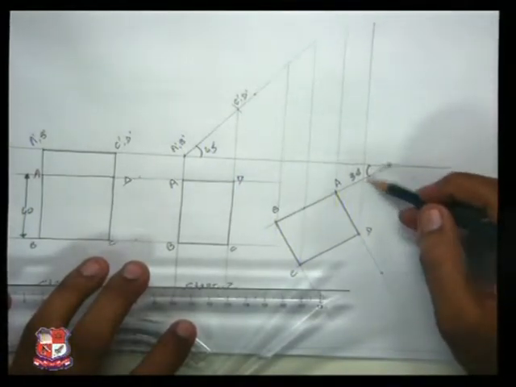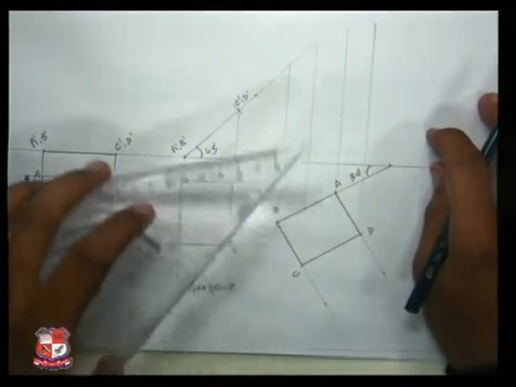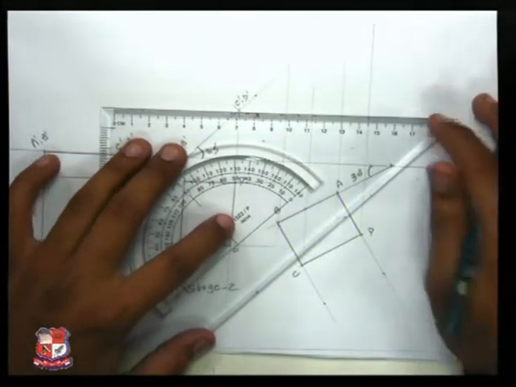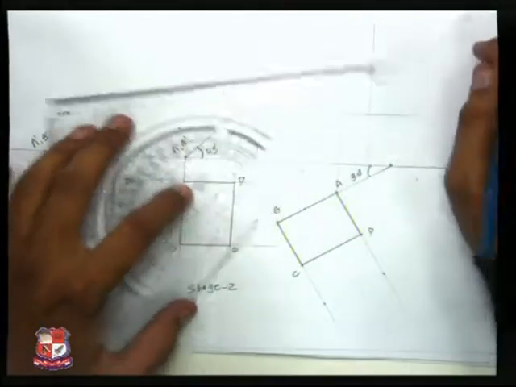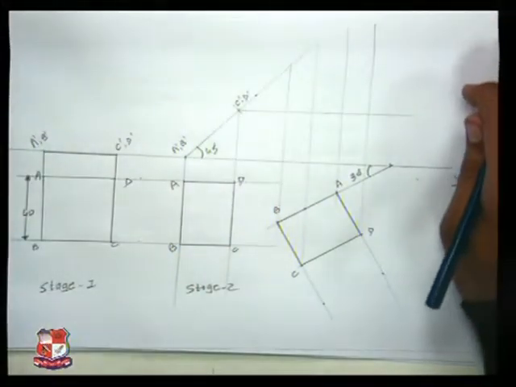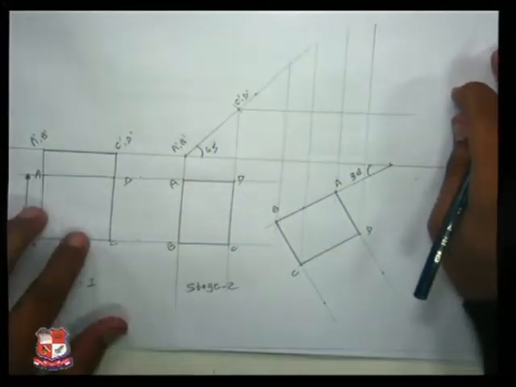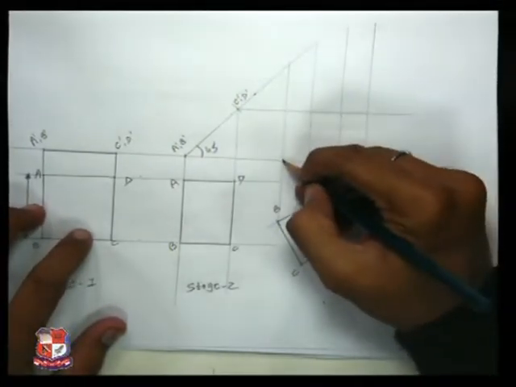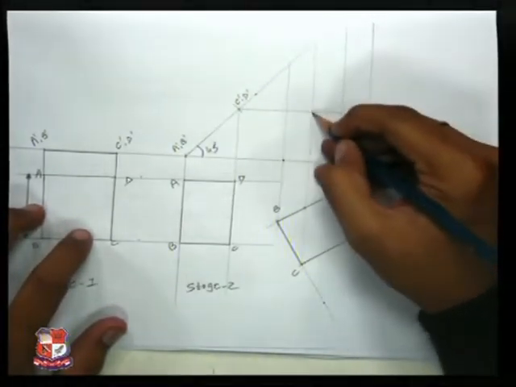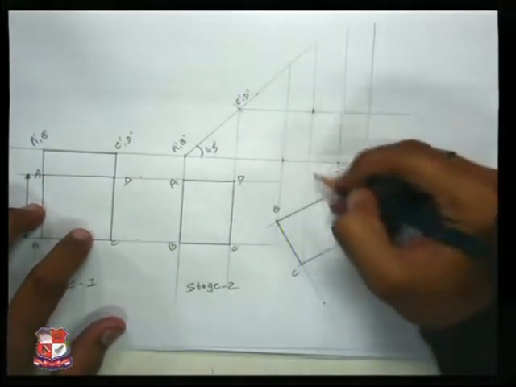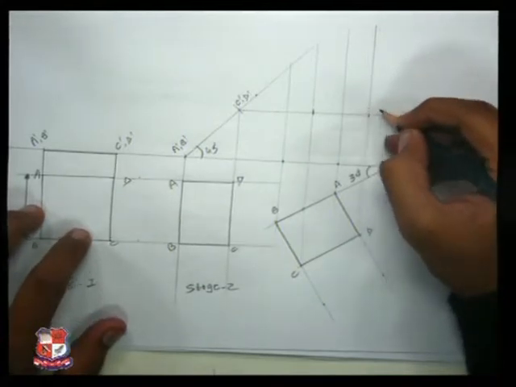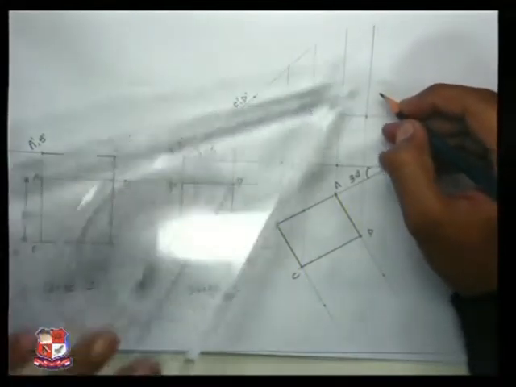vertical plane. Now we need horizontal plane's projections too. We will get only one projection as it is a square. Join respective portions A to A dash, B to B dash, C to C dash and D to D dash.